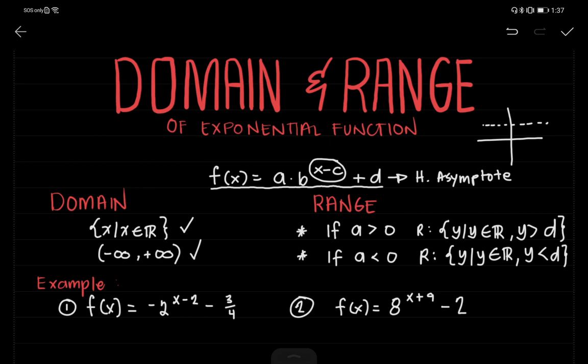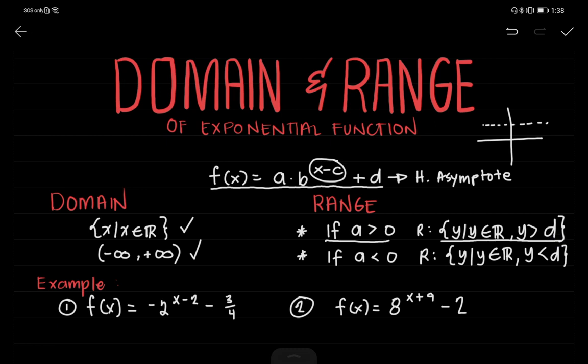Sa range naman ng exponential function, ang gagawin natin is titingnan lang natin yung ating a value. Okay? Titingnan lang natin siya kung siya ba ay greater than or less than 0. If a daw natin is greater than 0, so therefore we can say that our range is a set of all y values such that y is greater than d.